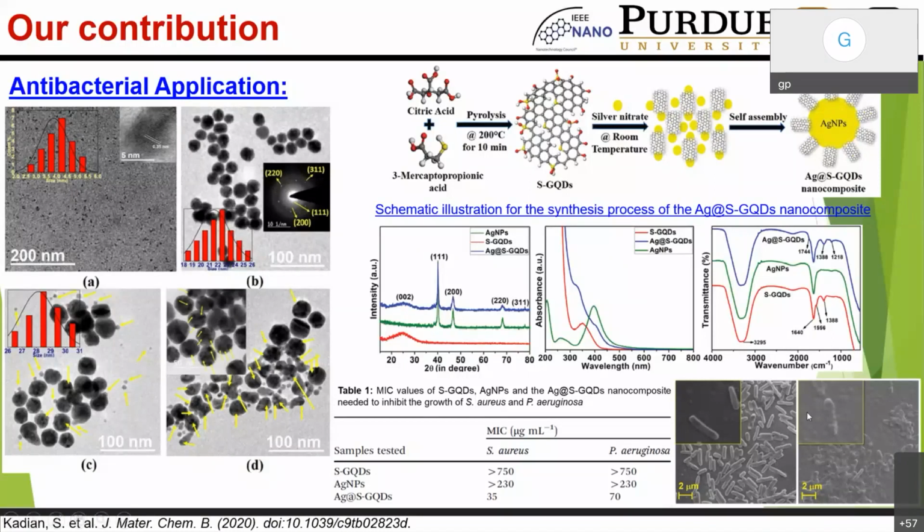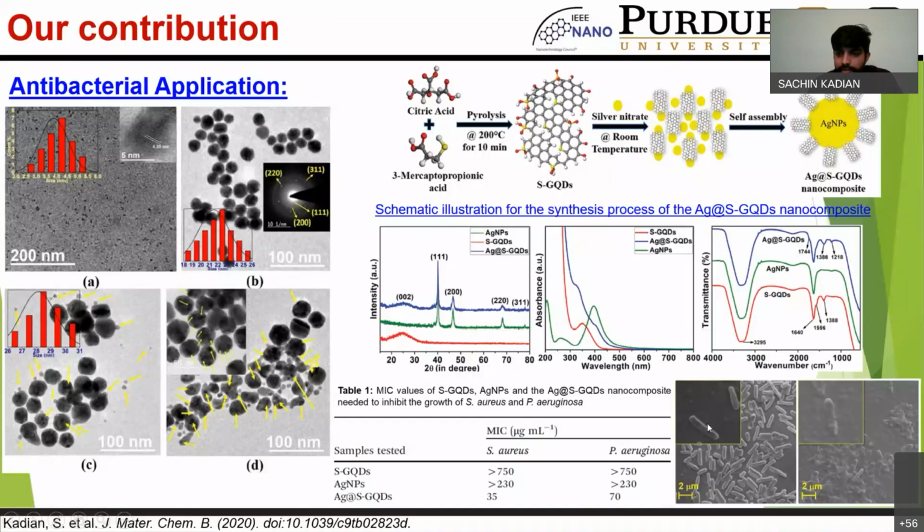We collected SEM images, and we came to know that this nanocomposite is disrupting its physical structure or its walls. We were not able to make any other conclusion. That's why we went for SEM images, and we saw that the treated ones were showing some damage to their structure.